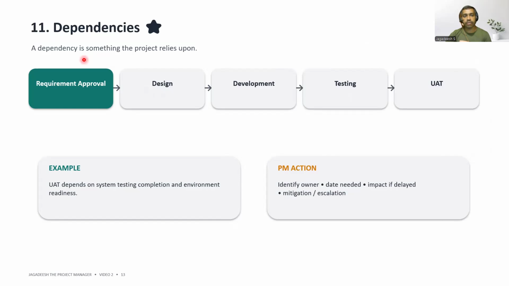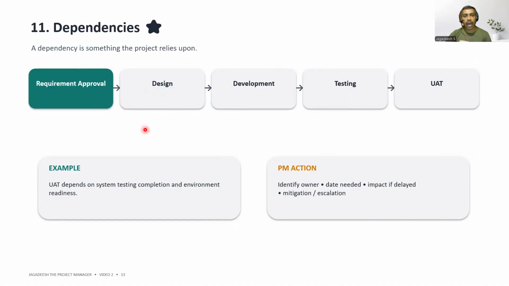Dependencies. You may have heard this word a lot. A dependency is something the project relies upon. In cross-functional projects, dependencies are often where delay starts. For example, our testing may depend on an interface, environment, or another team's deliverable.